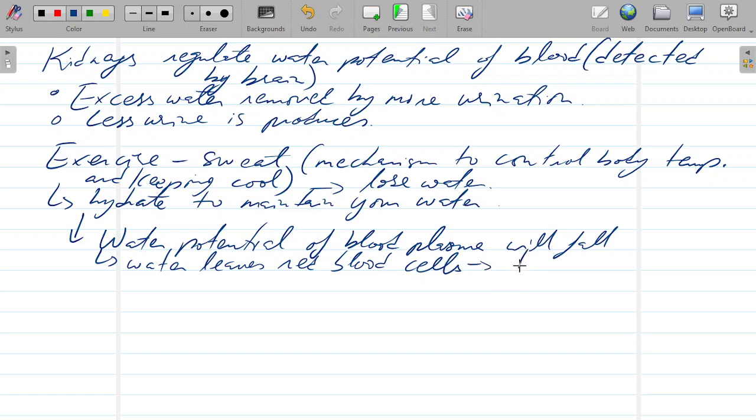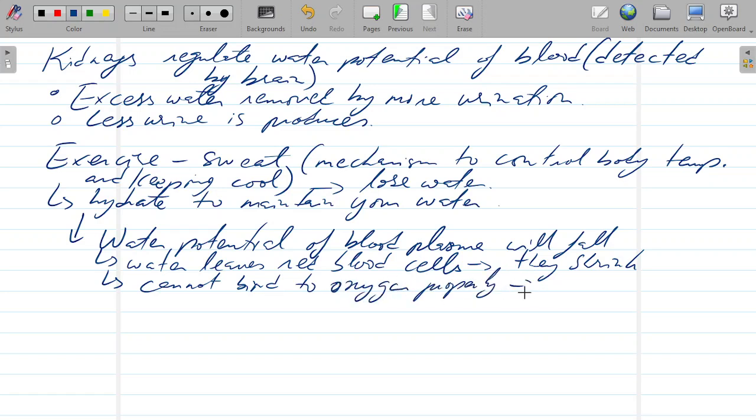Right? They shrink. They cannot bind to oxygen properly. And so you will end up having breathing difficulties. So of course you don't want to go through that trouble.